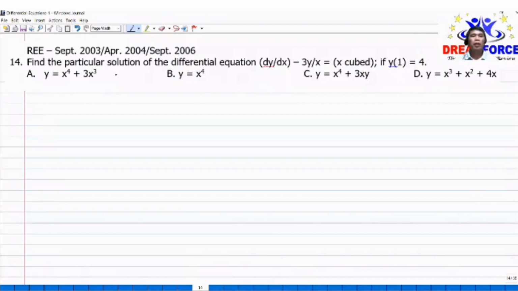Okay, for the next one, find the particular solution of the differential equation dy/dx minus 3y all over x is equal to x cubed if y is equal to 4 when x is equal to 1. So, pwede nyo namang i-check passing through.